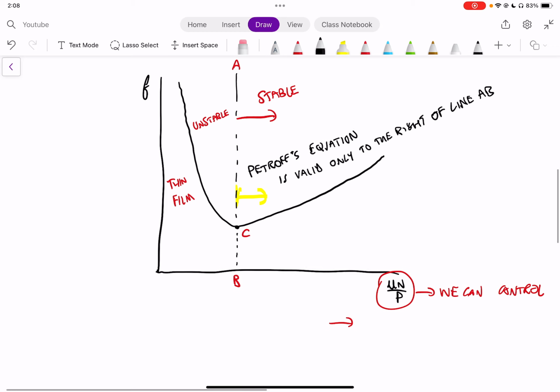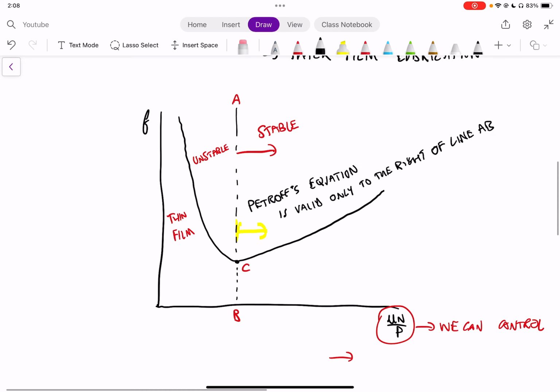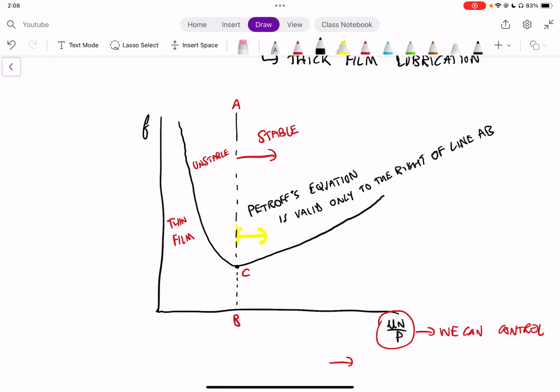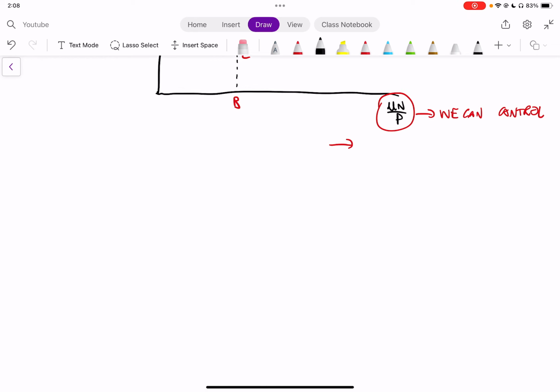So what we can write as a conclusion of this graph and of an experiment that we can run, and we can run many of these experiments, is that typically what we see when we have unstable lubrication, which is to the left of line AB, is what is called thin film lubrication.